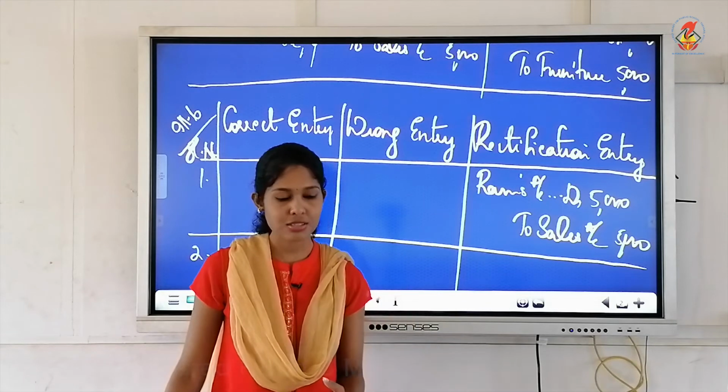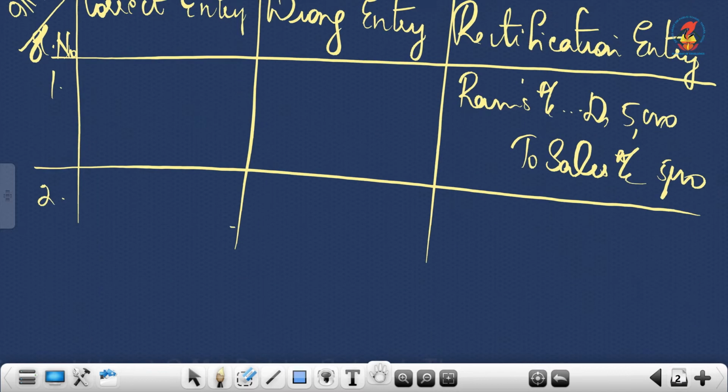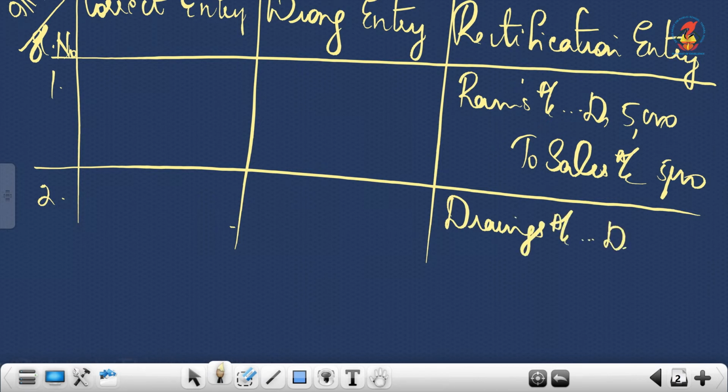All these are errors of omission. So we are going to record it. It is the goods which the proprietor takes. So we will write it as like drawings account debtor to purchases account. Drawings account debtor to purchases account, the amount is 2,000.